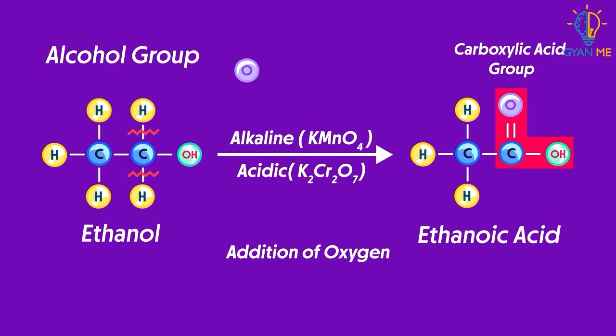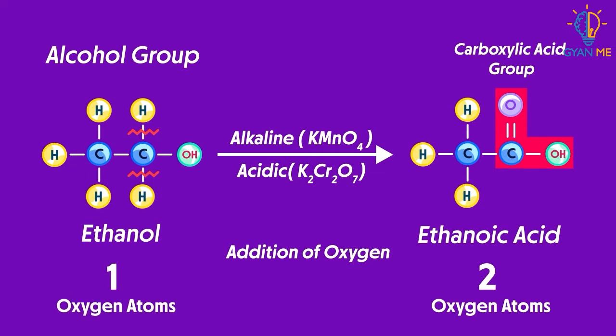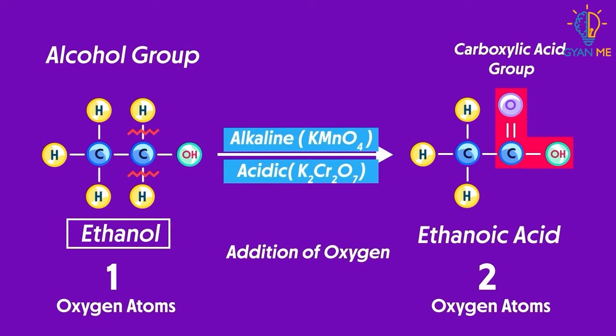And to confirm this, just count the number of oxygen atoms on both sides. Ethanoic acid, a carboxylic acid compound, has 2 oxygen, whereas ethanol on the reactant side, an alcohol compound, has 1 oxygen. These oxidizing agents like KMnO4 and K2Cr2O7 bring about these changes, that is, they cause the oxidation of ethanol.